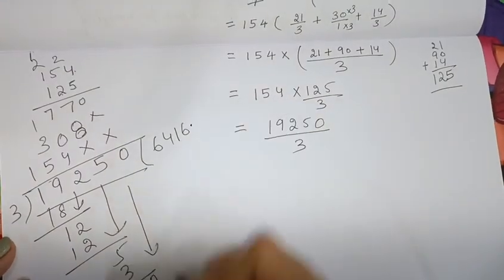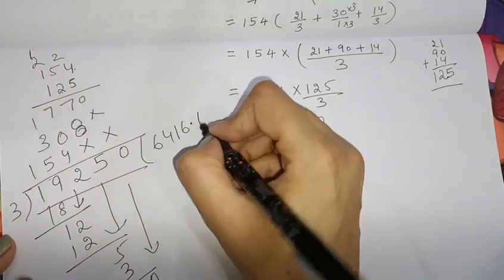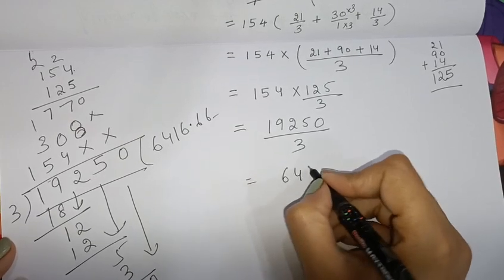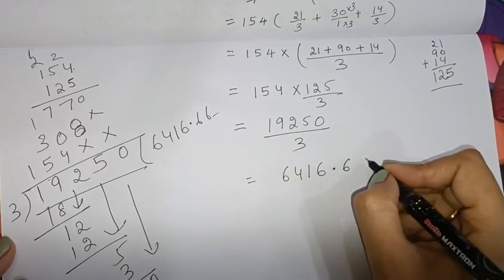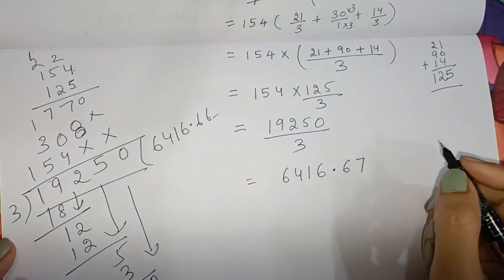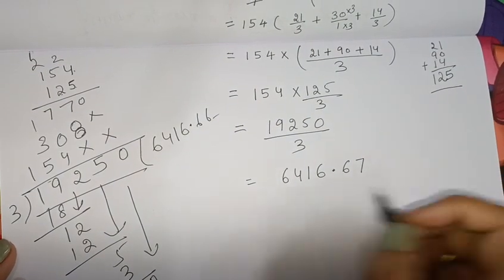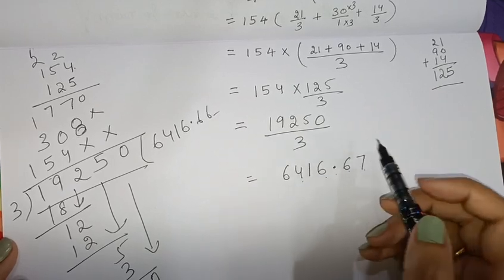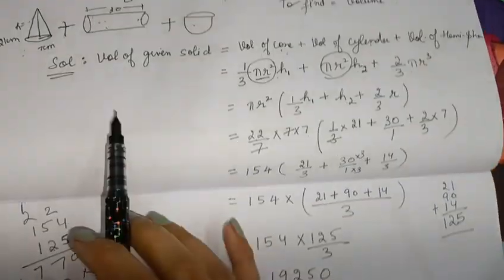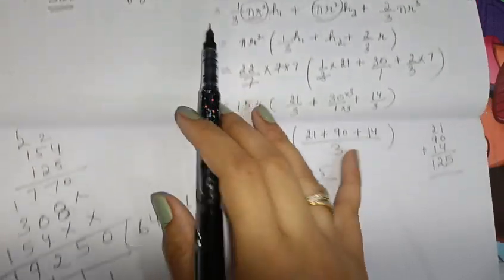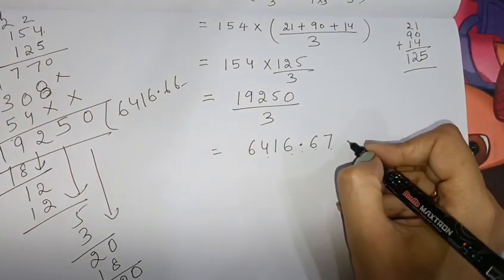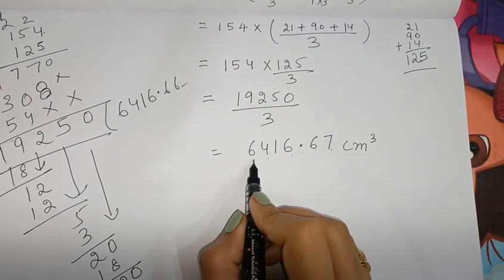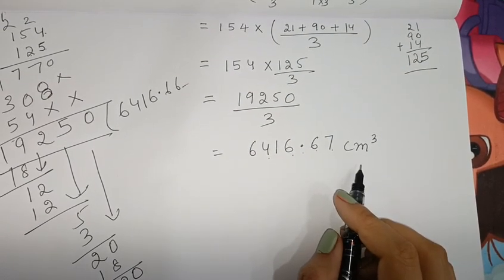Then here we'll get answer in decimals and again 666. So 6416.666, it's a continuation. So let's round it off. 6416.67. Because we are finding here volume of the solid, that means we have to write the cubic units, as the original unit is centimeter. So answer is in centimeter cubes.